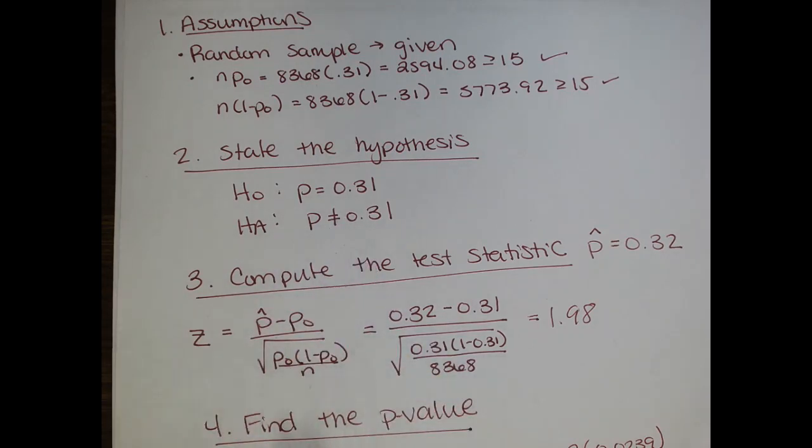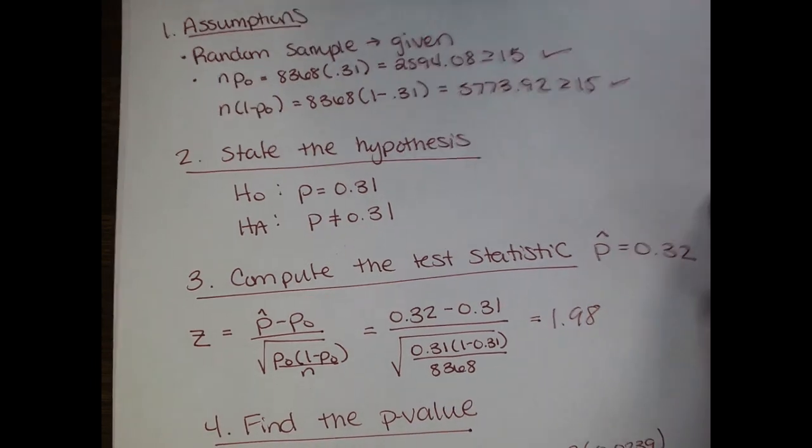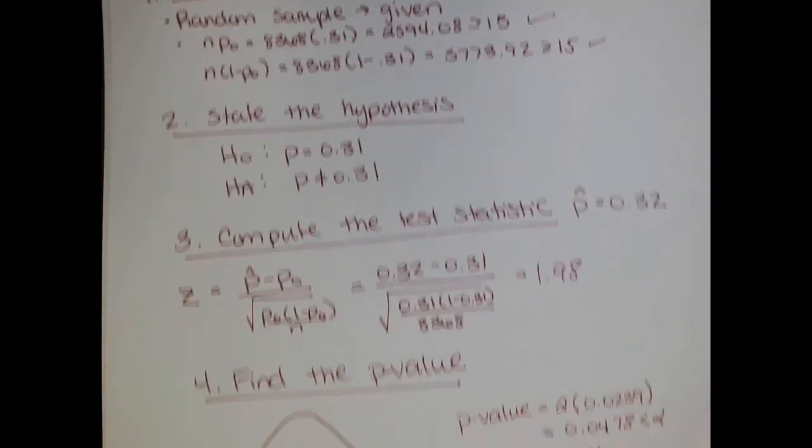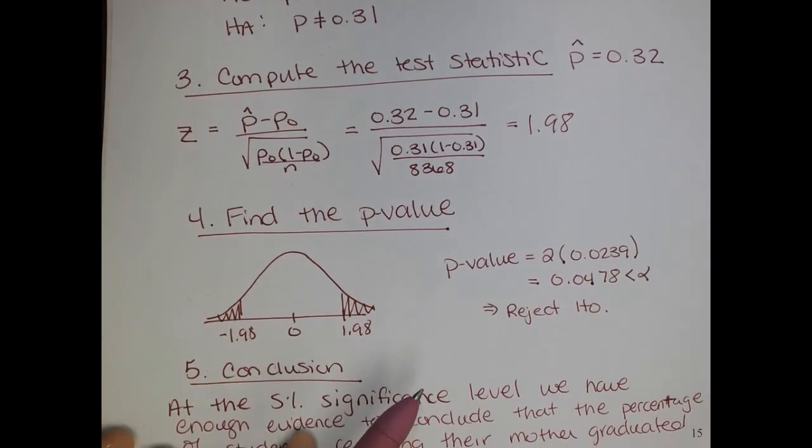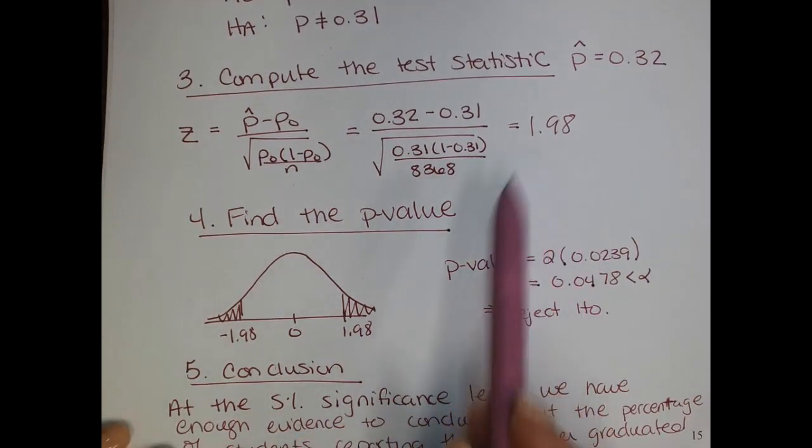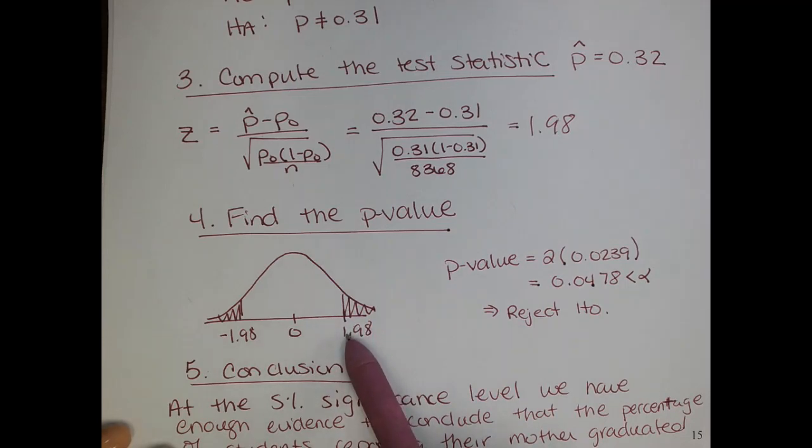Next, we compute the test statistic. And from here, we find the p-value. So this differs a little from the other examples, because notice when we write our test statistic below our normal curve, since this is a 2-tail, we want the area above 1.98 and the area below negative 1.98. So that's where that symmetry of the normal distribution comes into play.